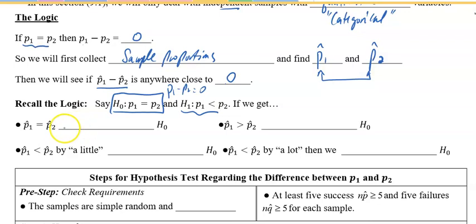Well, remember, if those are equal, we fail to reject the null hypothesis. If P1 is bigger than P2, we fail to reject the null hypothesis.